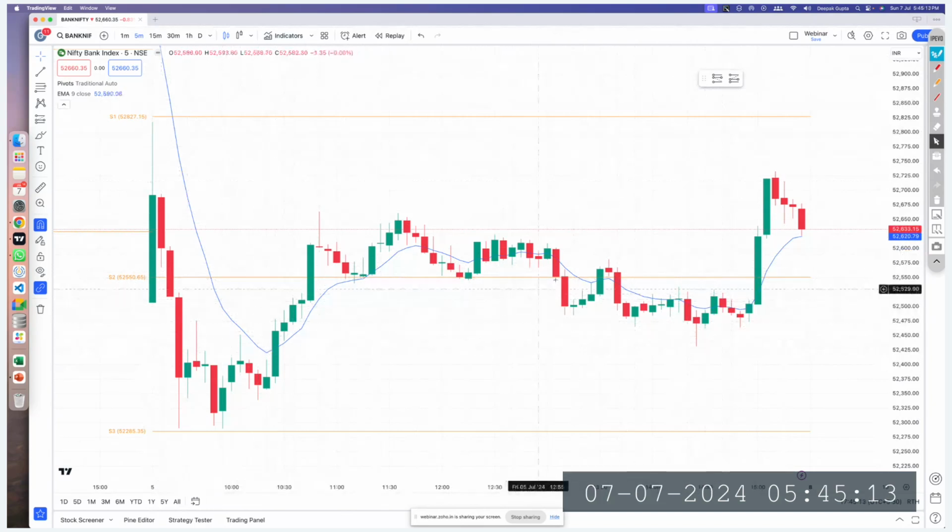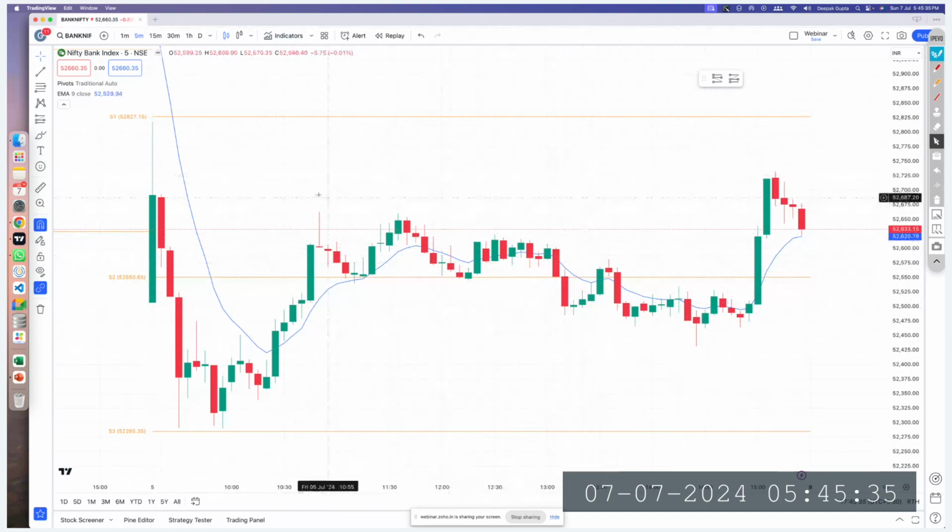It was not moving up or down that much. It was in a range. Towards the end of the day, it started to go up. So basically, towards the end of the day, it was kind of bullish, and in the beginning of the day, it was kind of bearish. And throughout the day, it was sideways.